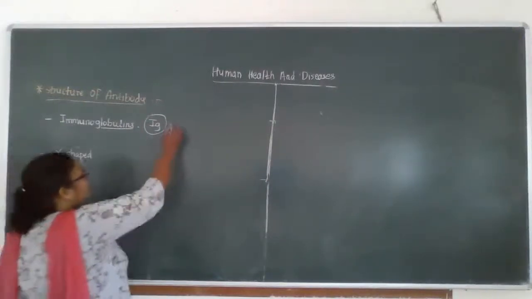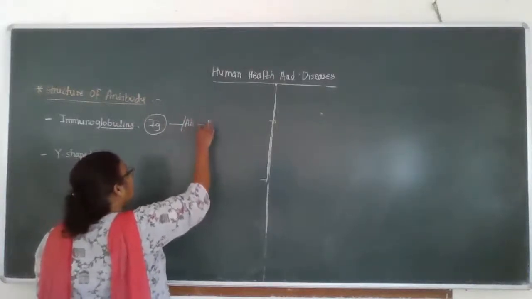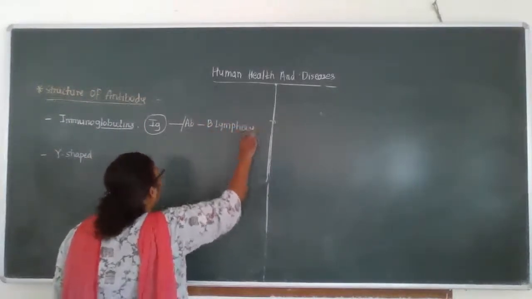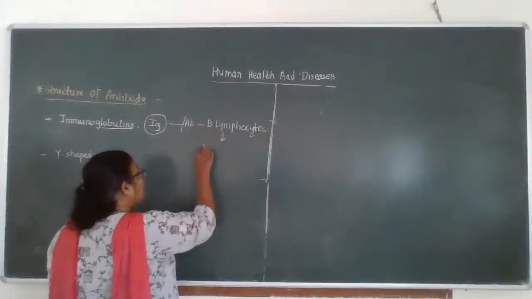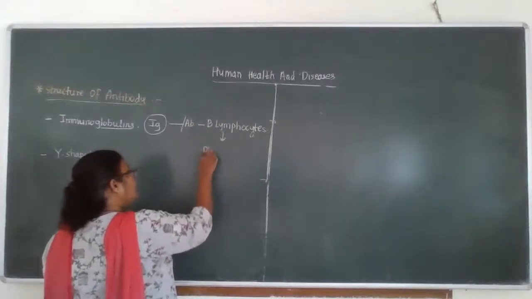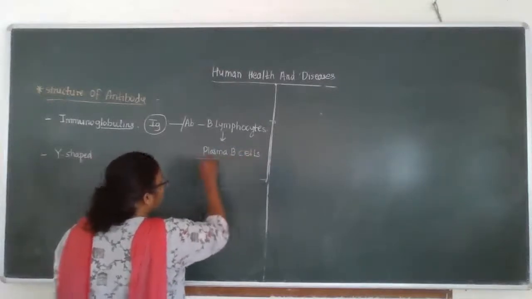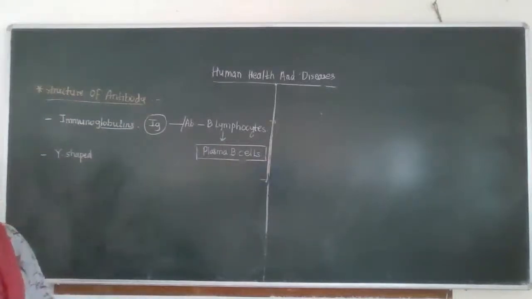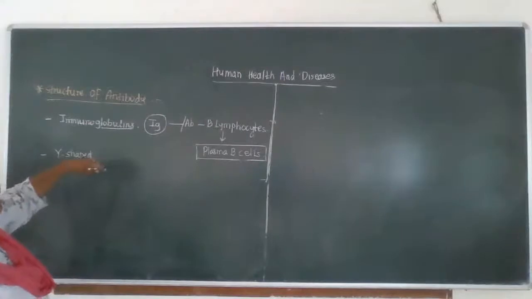These immunoglobulins, or antibodies, are produced by B lymphocytes, more precisely the plasma B cells, which are responsible for the production of antibodies.